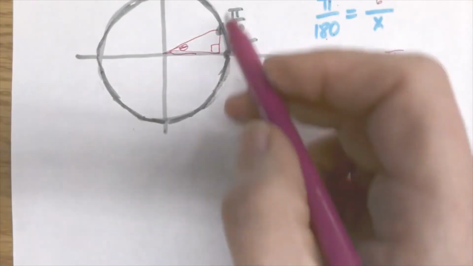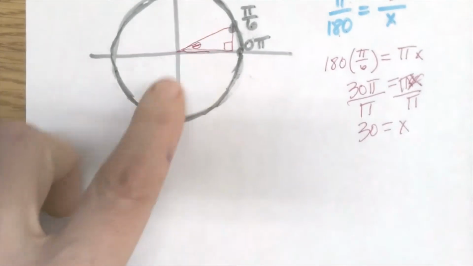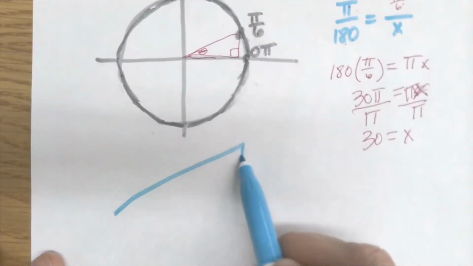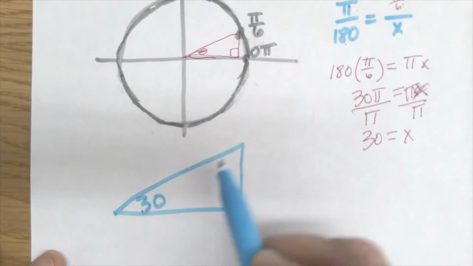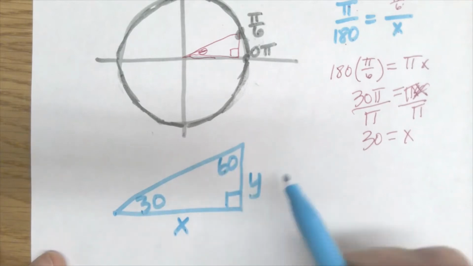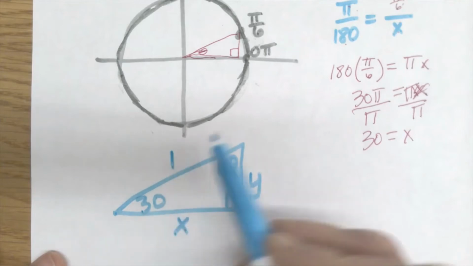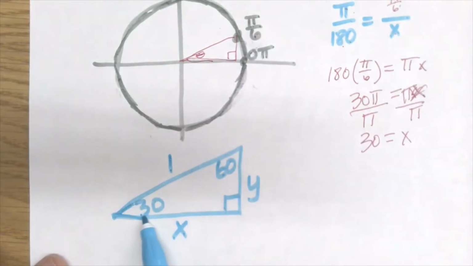So I'm going to take this triangle out and make it bigger so I can write all over it. This is a 30 degree, 60 degree triangle, this bottom is x, y, and then this is 1. Again, because it came from the unit circle, I know my hypotenuse is 1.